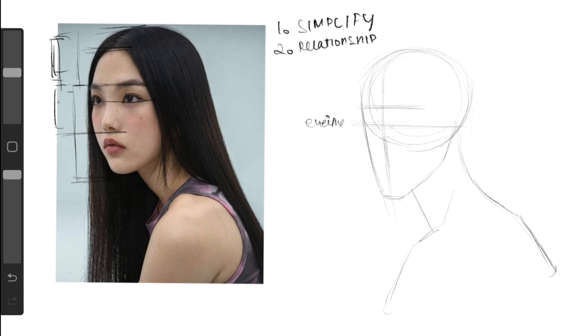Let me simplify more. First, from eyebrow to jaw, I divided into equal halves and got my nose line. Then I took the same ratio from eyebrow to nose, and I got my hairline. I hope you got the point. That's how I'm looking, and if I take the same ratio, this will be our hairline.